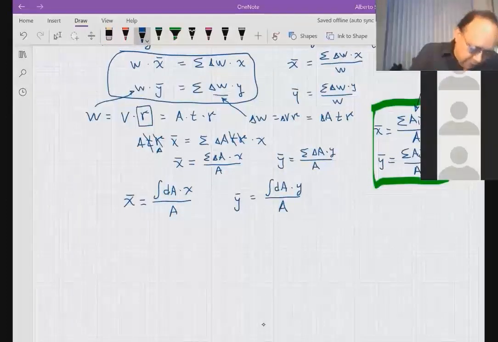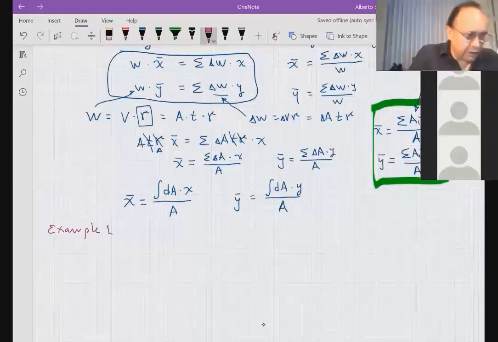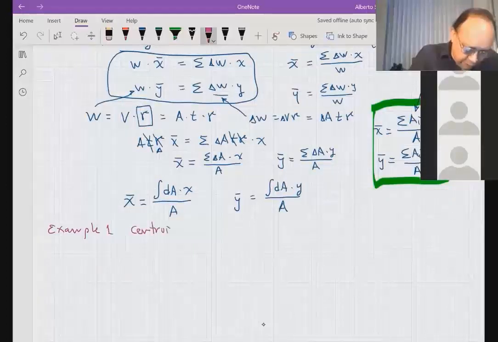Let's call this example one: the center of gravity, or centroid, of a thin strip.